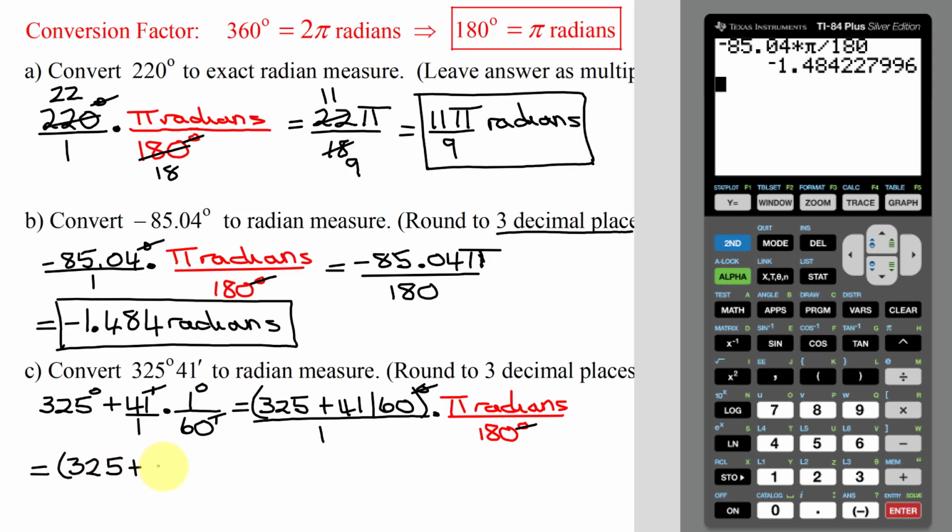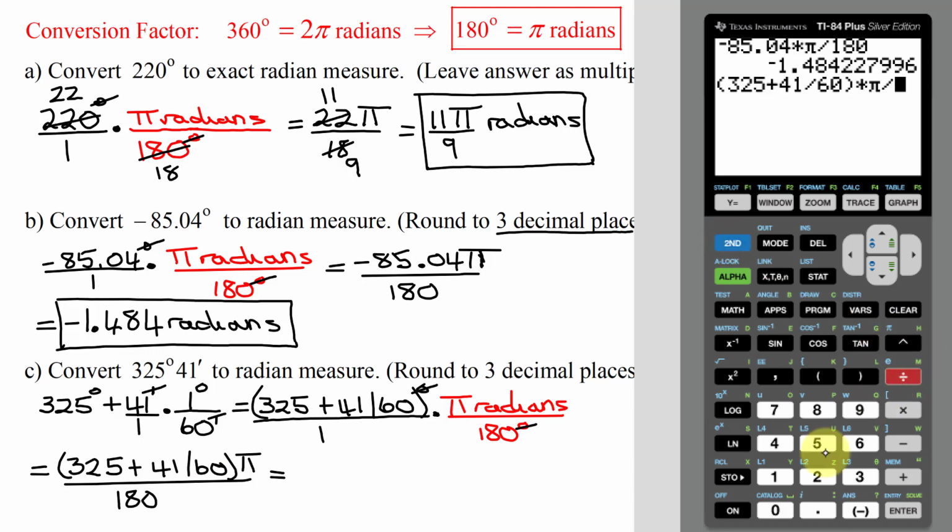I'll have 325 plus 41 divided by 60 times pi, and then I'm going to divide it by 180. So to do that, I must put this numerator here in parentheses. So I need parentheses 325 plus 41 divided by 60. Must close your parentheses. That is my angle in degrees. Then times pi and divide it by 180.